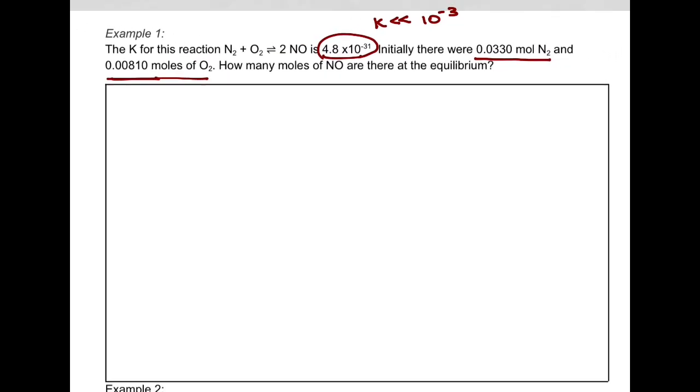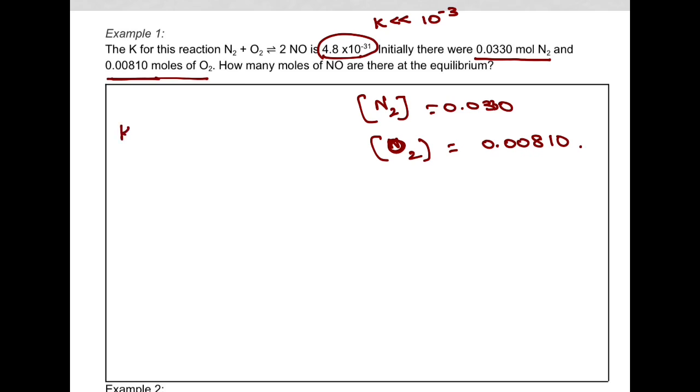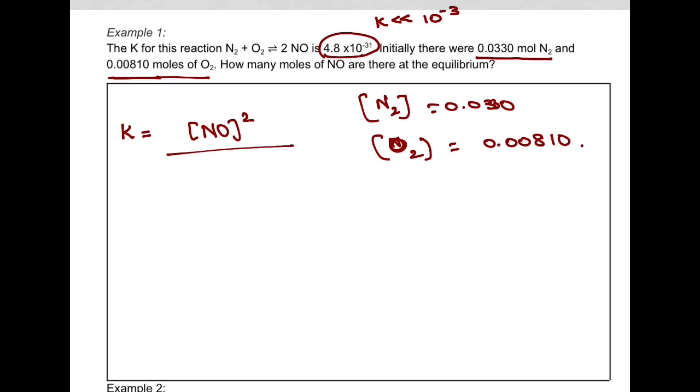But we know that initial concentration of N2 is this, and initial concentration of O2 is this. So for this, we can write an expression of K. K is concentration of products raised to the power, divided by concentration of reactants raised to the power.